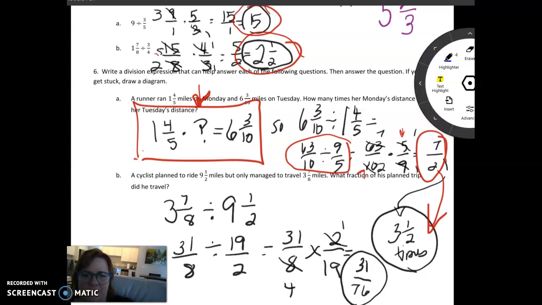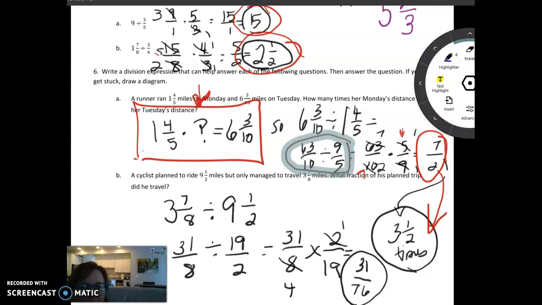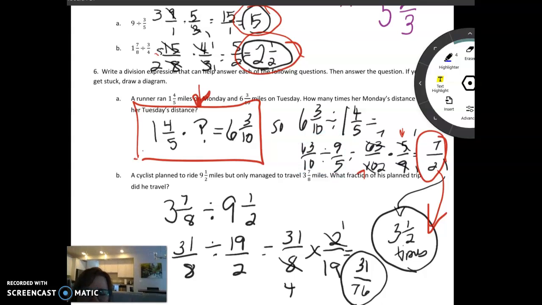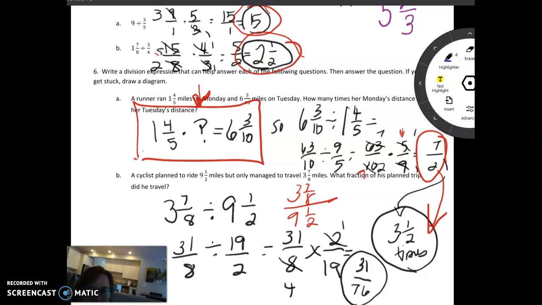All right, last one. A cyclist planned to ride 9.5 miles, but only managed 3 7/8 miles. What fraction of his planned trip did he travel? So he biked 3 7/8 out of 9.5, right? So remember, by writing it this way and knowing that this out of fraction bar means division, then I can set up my division problem as 3 7/8 divided by 9.5.